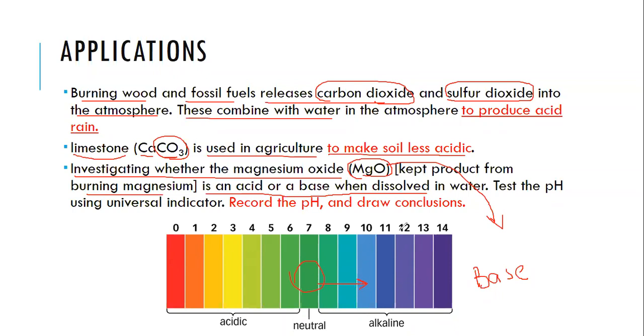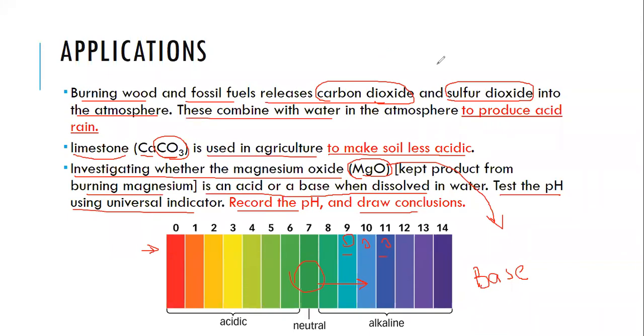When we test the pH using a universal indicator, we get a color for maybe 9, 10, 11, like light blue, going into purple or darker blue. Then record the pH and draw the conclusions. That's what I will discuss in the next class.